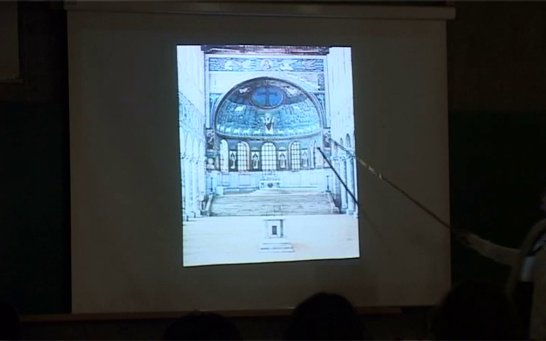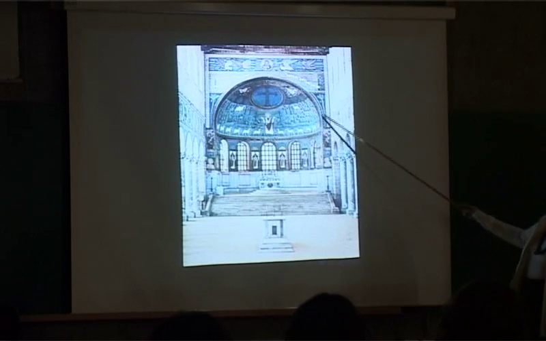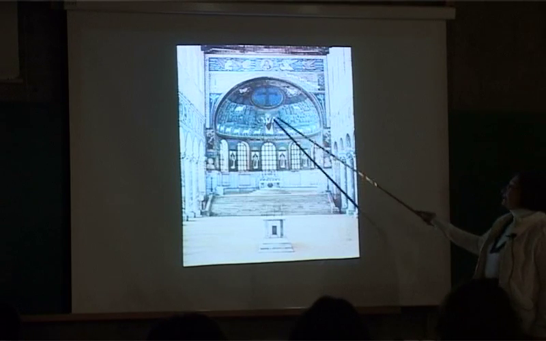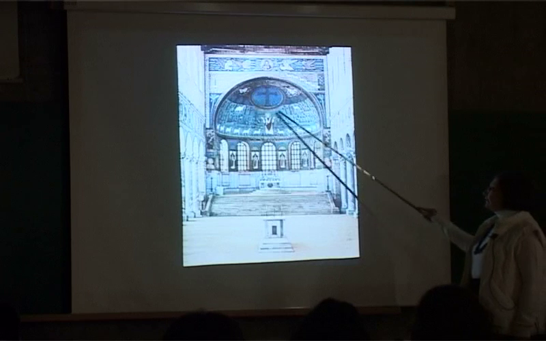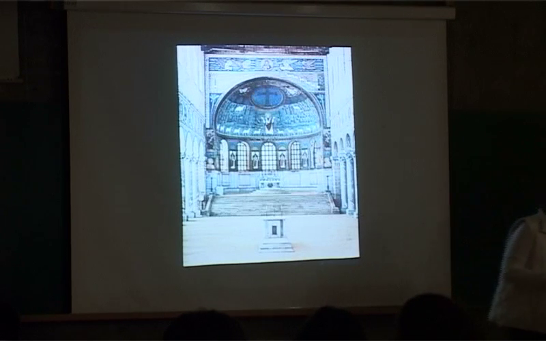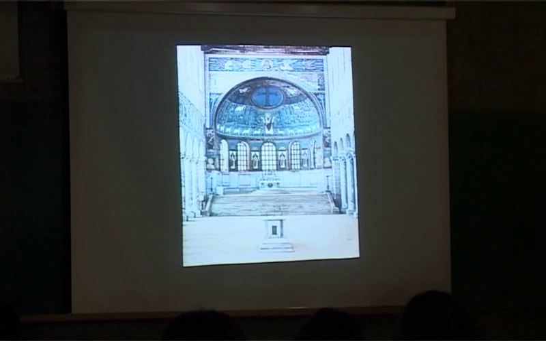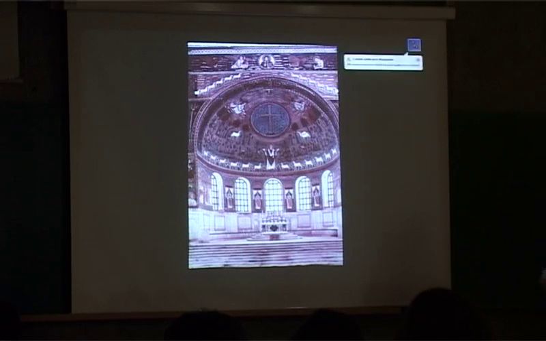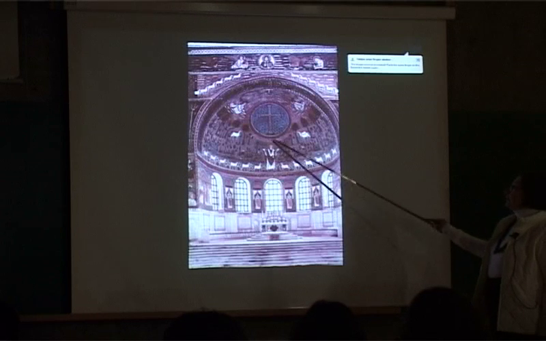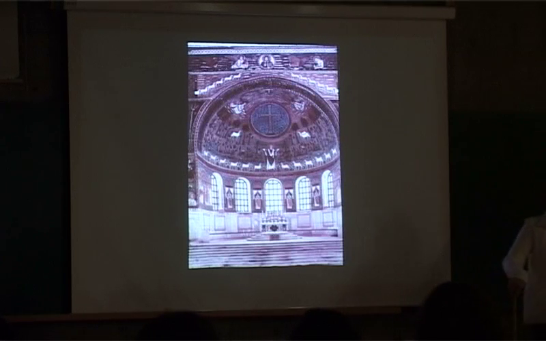So, in the apse decoration here, what we see is a metaphorical representation of Christ, the good shepherd. He is representing the person who is to set humanity on the right track.